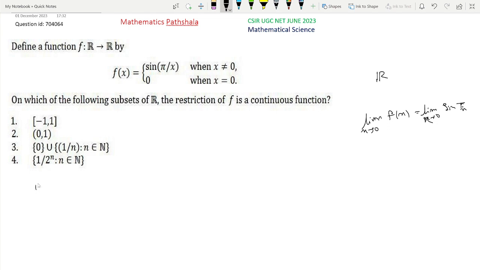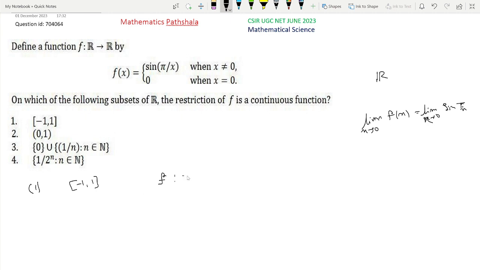First, for option 1, the domain is [-1, 1]. Let me write the restriction map of the given function on this domain.